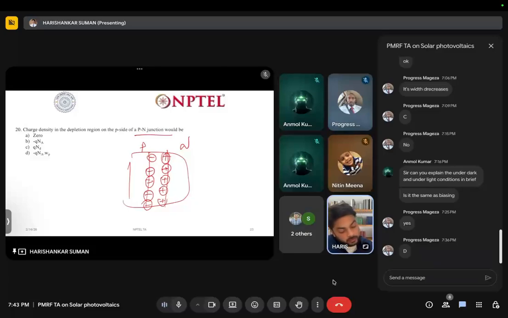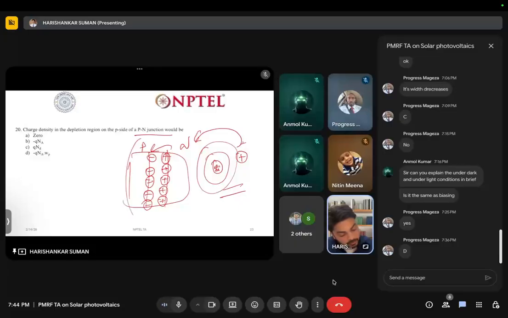Why? Electrons leave from the N side and recombine with holes. Let's say we have silicon atoms: the electron is released by the atom, and the atom gets an immobile positive charge. Similarly for the P side, the hole side.